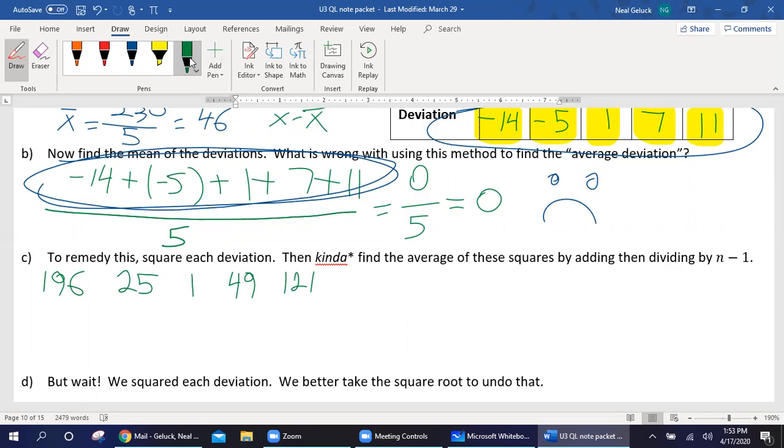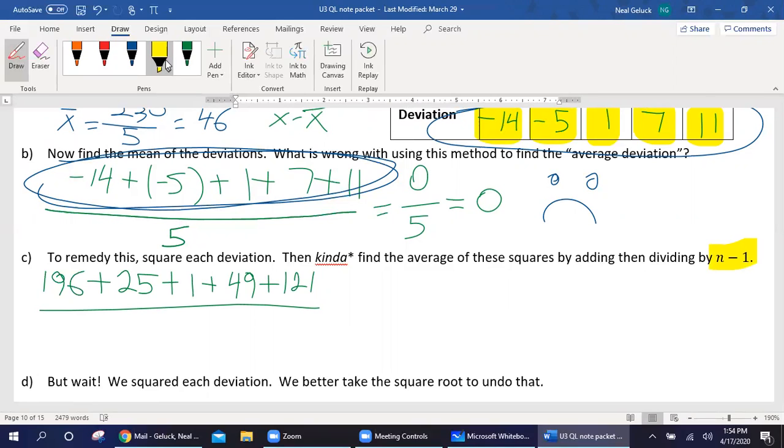Now I've taken care of that issue of having some negative, some positive. Now I'm going to average these numbers together, kind of. So I'm going to add these up, but now instead of dividing by 5, I'm going to divide by n minus 1.